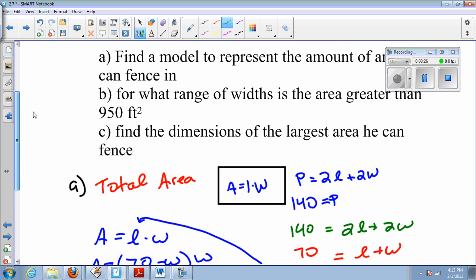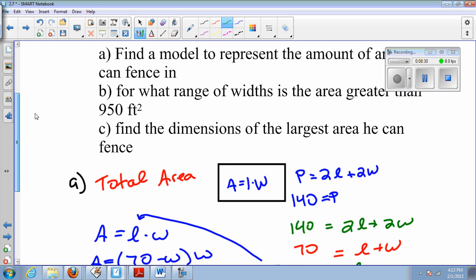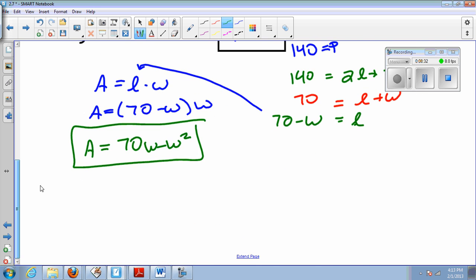Part B says for what range of widths is the area greater than 950 feet? So now it becomes an inequality. So we want our area to be greater than 950 feet.